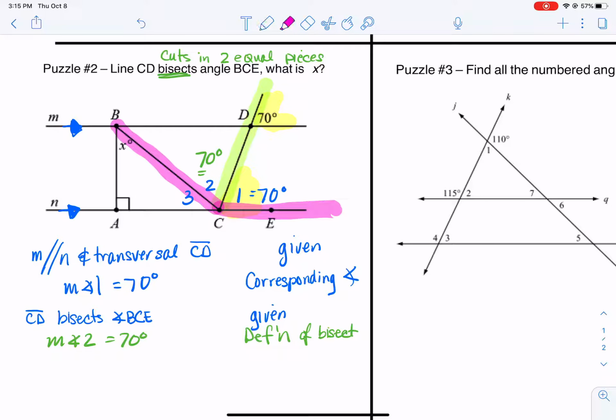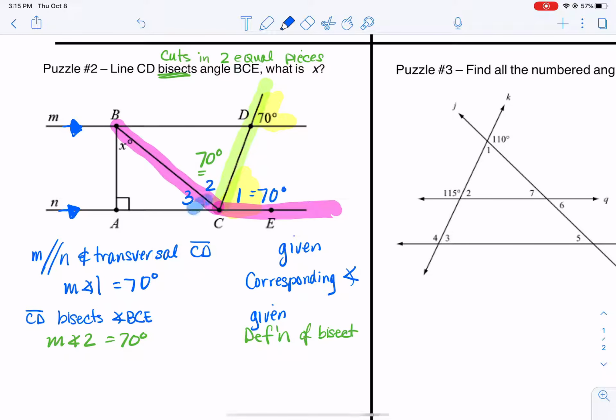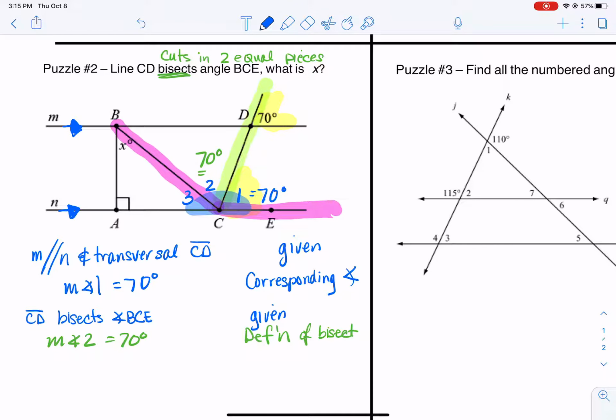So then we look at right here, and you can see that these 3 angles are collinear. So I can say that the measure of angle 3 plus 70 plus 70 equals 180, and that's because they are collinear angles.